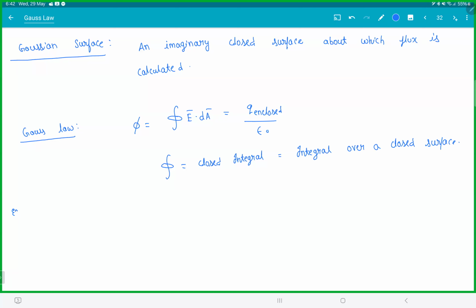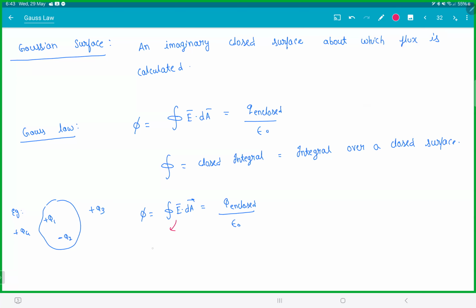So, for example, if you take some random surface here, this is Q1, this is minus Q2, this is Q3, and this is Q4. So here, when you write integral E bar dot dA, now listen carefully, there's a theoretical thing. When we say Q enclosed, the exam will ask you: in Gauss law, E dot dA, E is due to which charges?